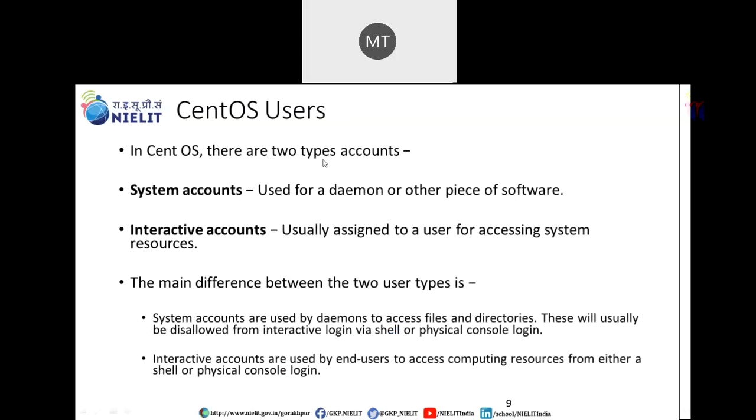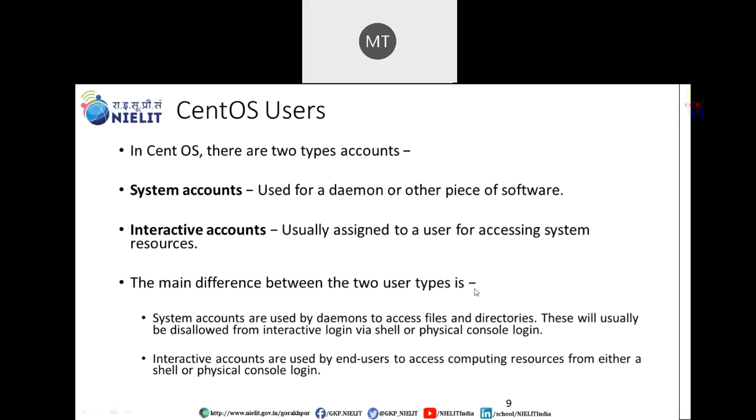CentOS users. In CentOS there are two types of accounts. First is the system account, used for daemons or other pieces of software, basically process related. The second is the interactive account, usually assigned to a user for accessing system resources. So system accounts are used for system purposes while interactive accounts are for user purposes.